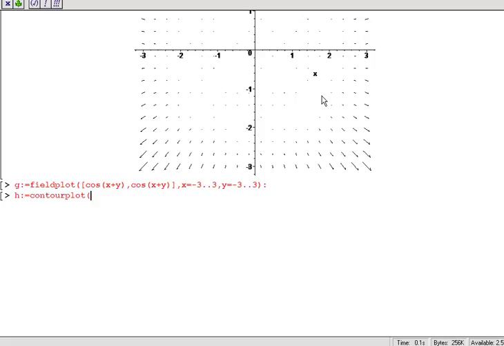So the contour plot is going to be of f. And then display.